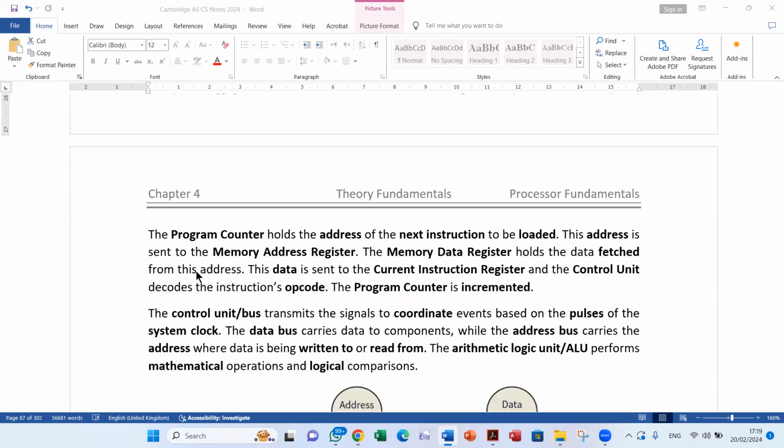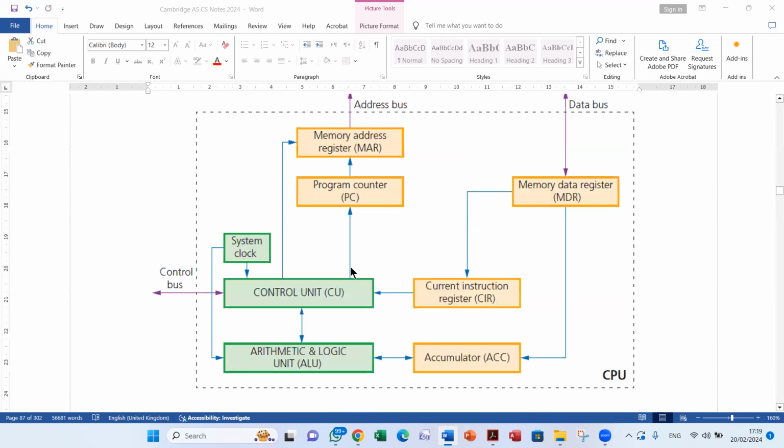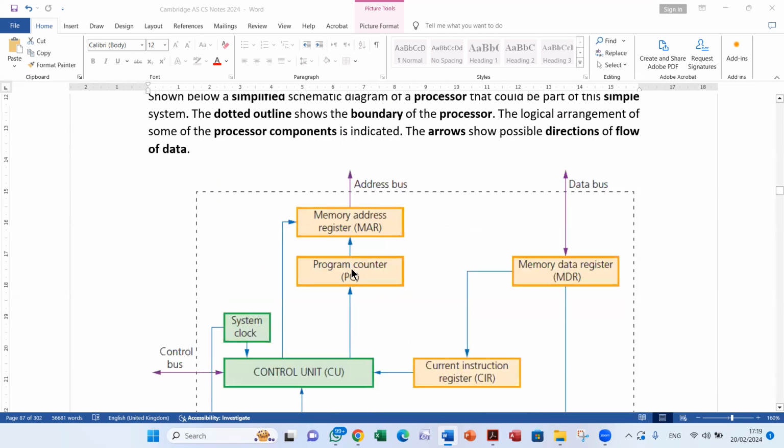This address is sent to the memory address register, MAR. So the address from the program counter goes to the memory address register, MAR. The memory address register, MAR, is directly connected to the address bus.